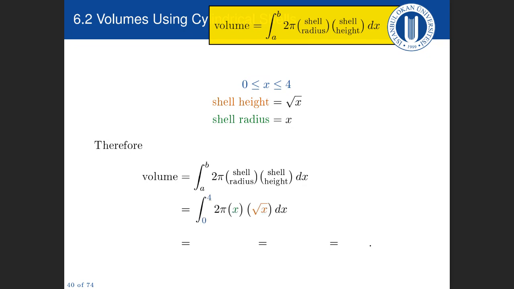So that's the integral from 0 to 4, 2 pi x root x dx. And that's easy, right? When we calculate this integral, you can check that we get 128 pi over 5.